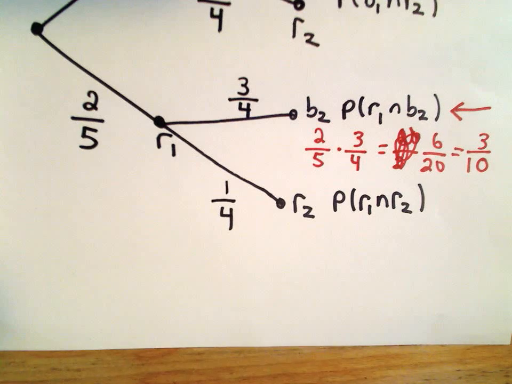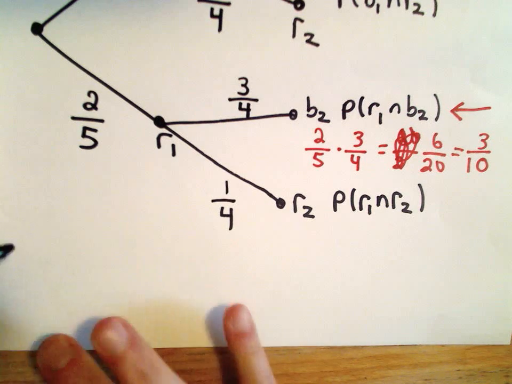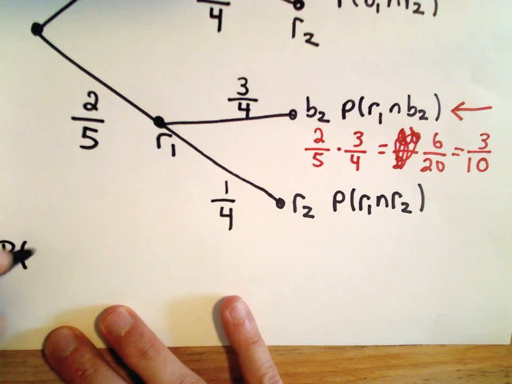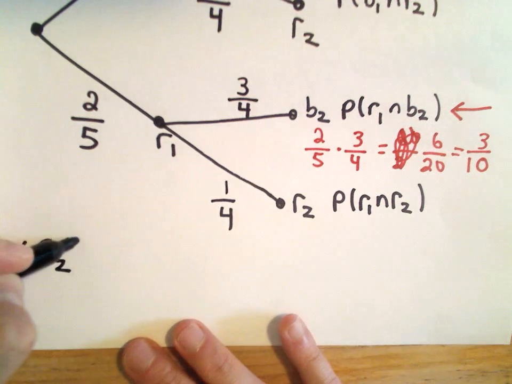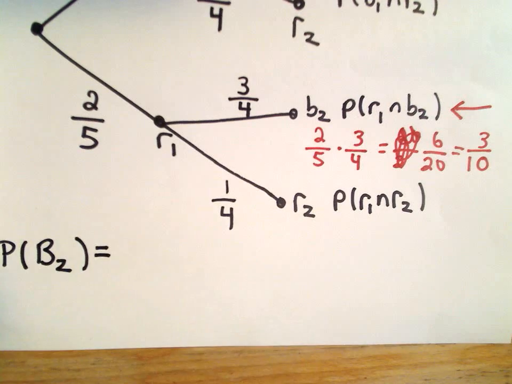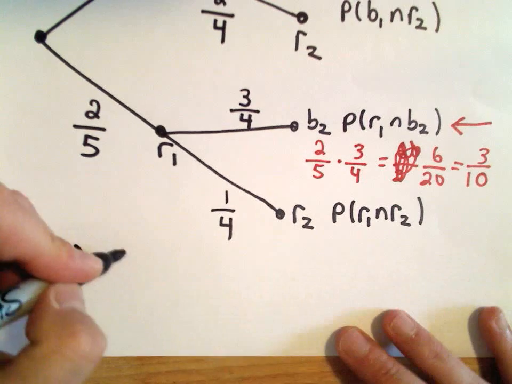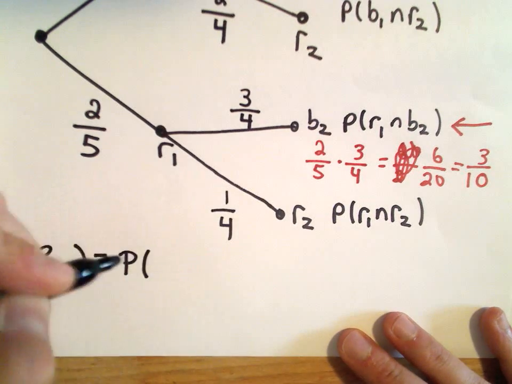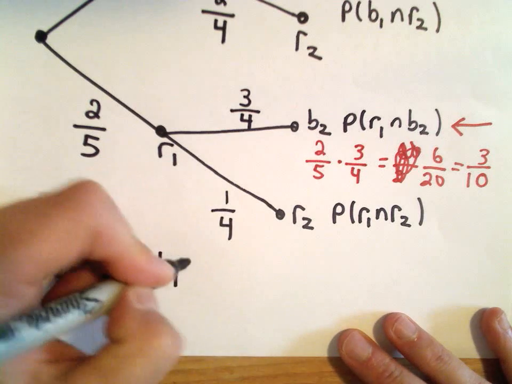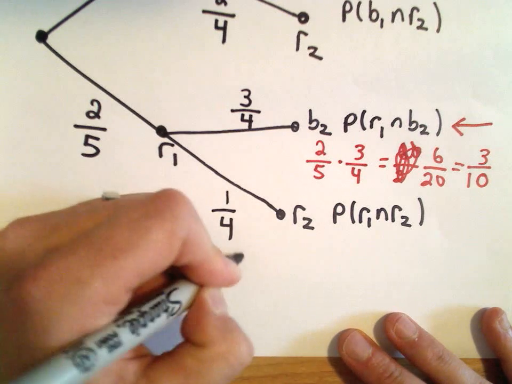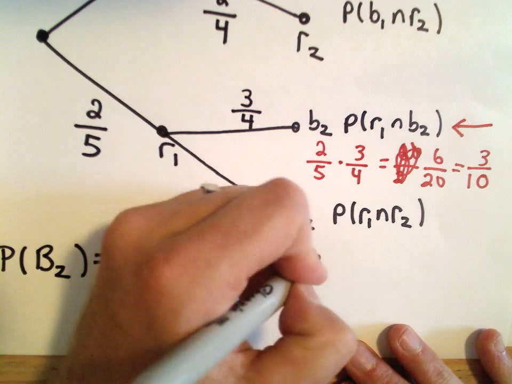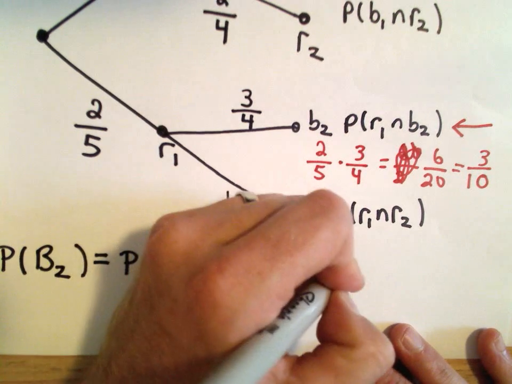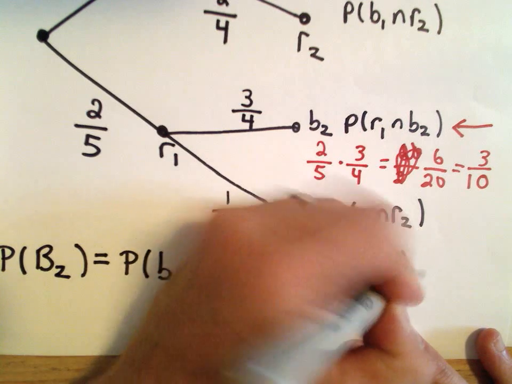So in terms of the notation, we want to calculate the probability of getting a black ball on the second draw. That's what we're ultimately interested in. Well, that can happen in 2 ways. We can get a black one on the first one and a black one on the second one, or, which is going to correspond to addition, we can get a red one on the first one and a black one on the second one.